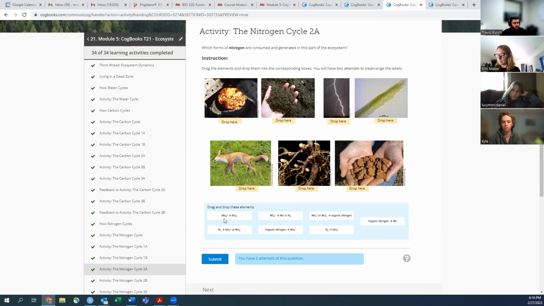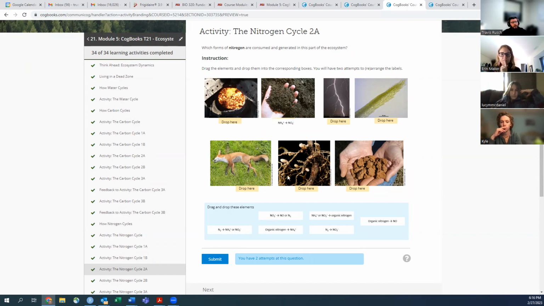Being able to say that is going to be useful for the exam, and then knowing which of these processes occurs is what the question is asking for. So that's nitrification, right? Which would be the first one right here, which would be the loose soil. Yep, it would be this one.